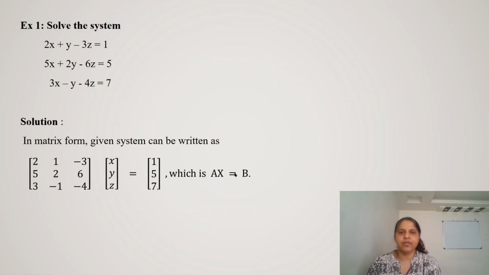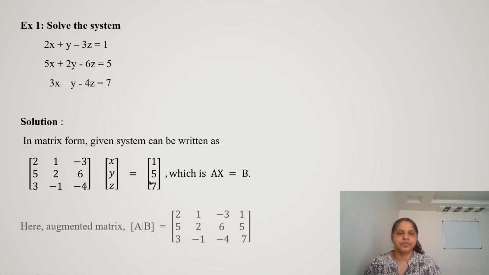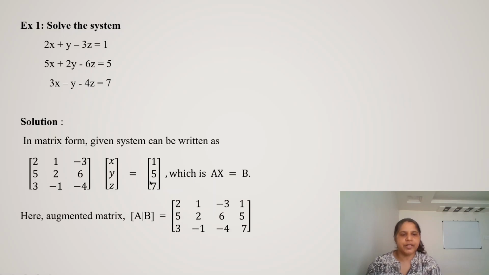Ax equal to b, where capital A is the coefficient matrix, x is the column matrix of unknowns, and b is the column matrix of the values on the right hand side of the system. So we have to write the augmented matrix.